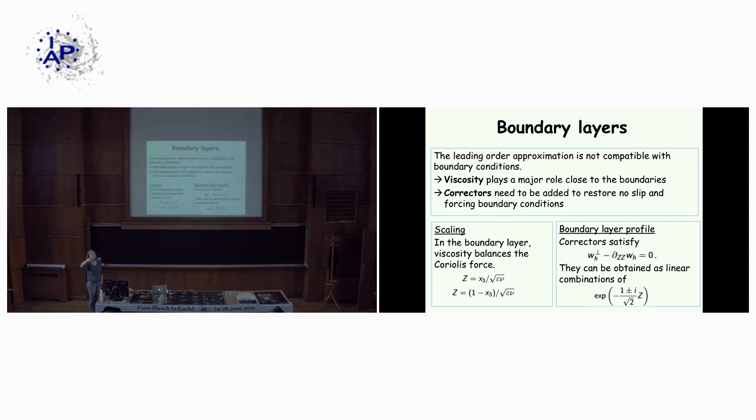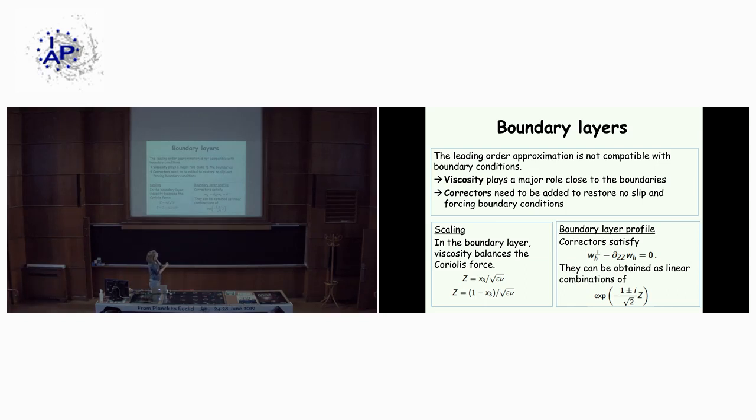So two derivatives will be of the order of 1 over epsilon u. This is how you get that the size of this layer is like the square root of epsilon. This is just because you try to equilibrate the effect of viscosity and the effect of the rotation.